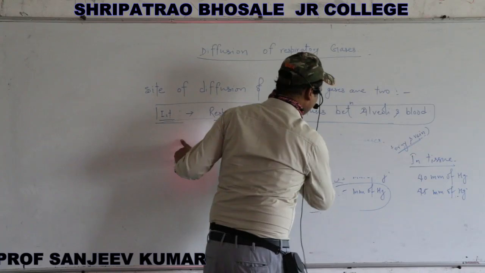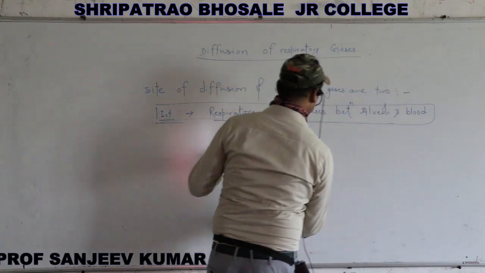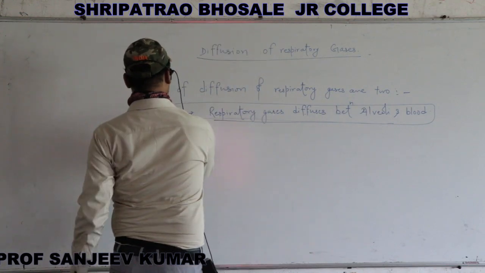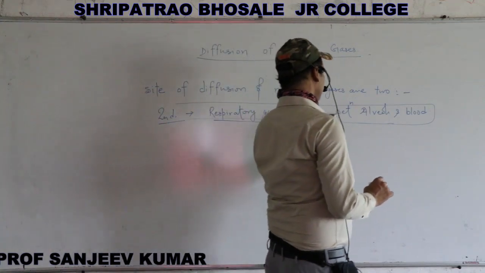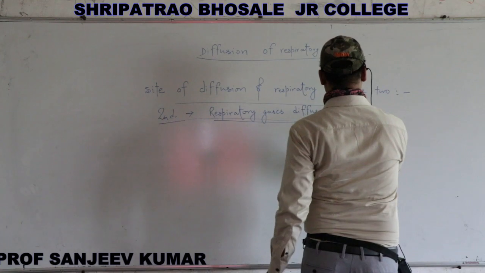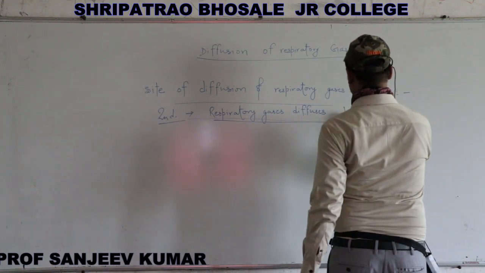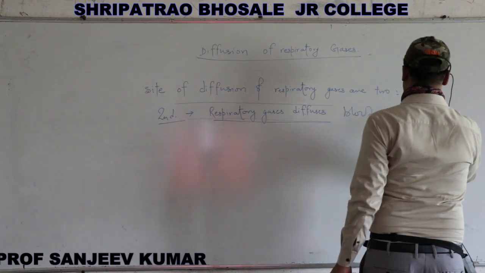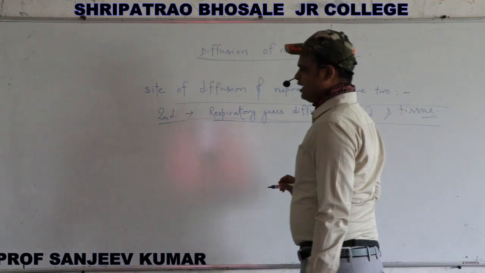Now, this is the first side and this is the second. Respiratory gases diffuse between blood and tissue.